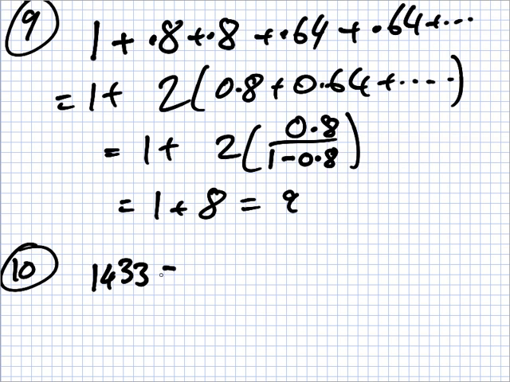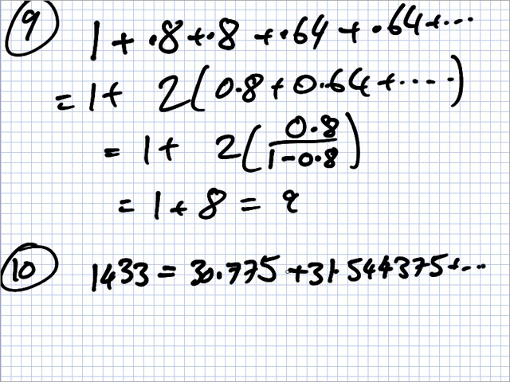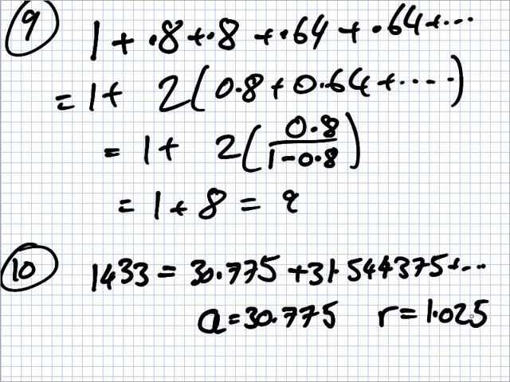Yeah, it's GP. So look, in the first year, it's 30.775, and then the next year it's 31.544375, and this continues. Now this is GP, and you can see it's GP if you take out your calculator and divide, and you perhaps won't be shocked to discover that the OR works out to be 1.025, which is not surprising because I actually tell you it's a 2.5% increase a year.